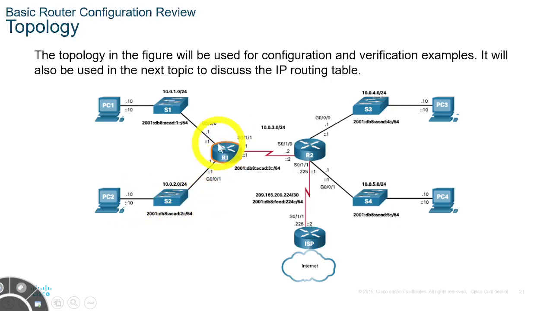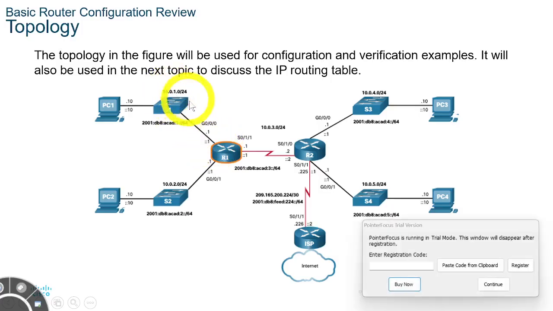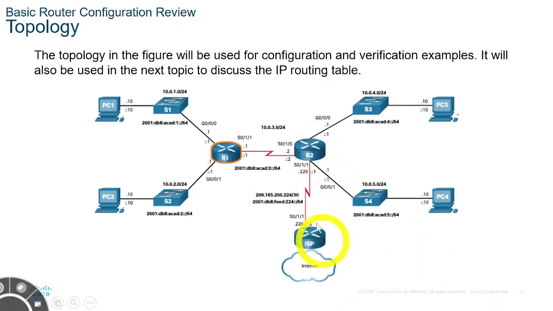This interface IP address of the router is 10.0.1.1. This is 10.0.2.1. This is 10.0.4.1. This is 10.0.5.1. And the same for the other router: this interface is 10.0.3.2, and this interface is 10.0.3.1.